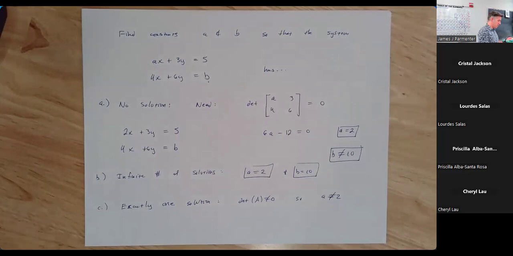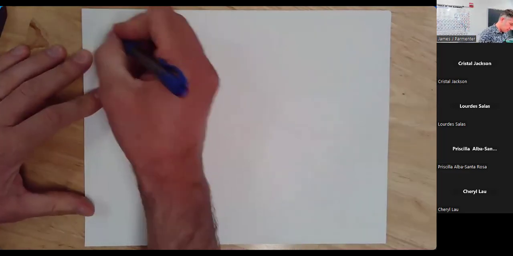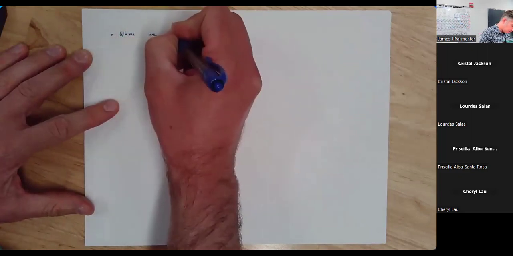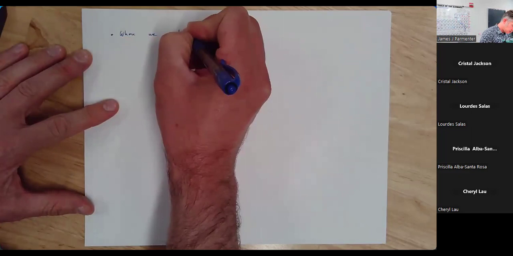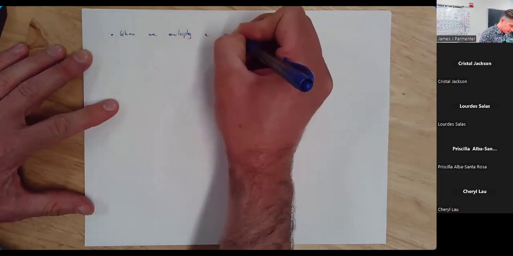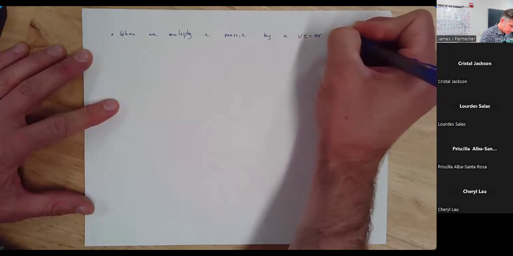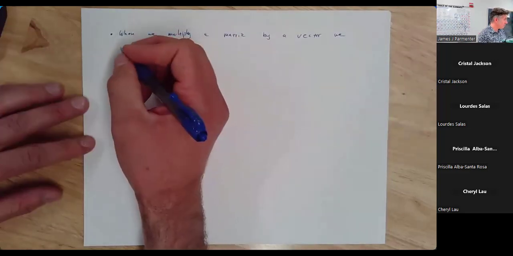All right, so oh yeah, there's one other thing we should talk about. So something that I want to just point out is that, let me write this down. When we multiply a matrix by a vector, we get another vector.